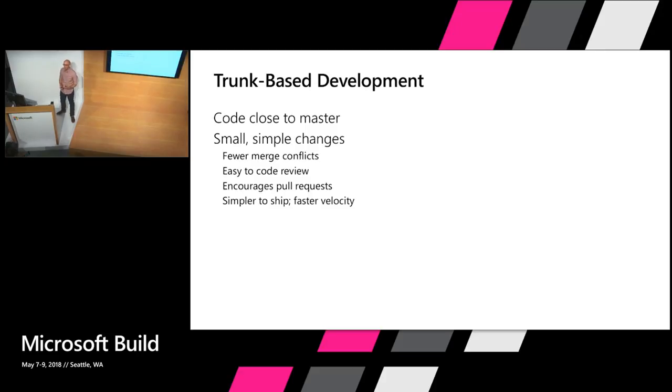The goal here is to have fewer merge conflicts. It enables code review because you're looking at smaller chunks, right? It's really hard to code review thousands and thousands of lines of changes. It's much easier to code review a small chunk. This will let you ship faster and get your code to your users faster.